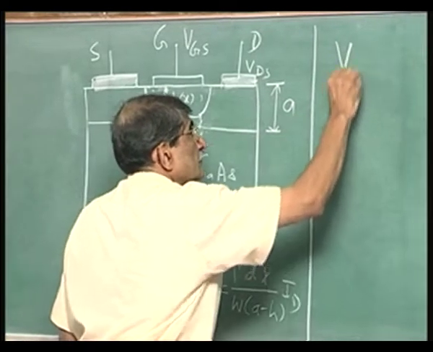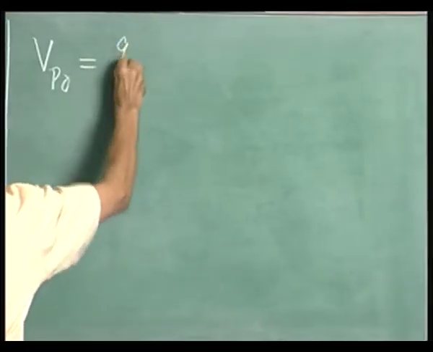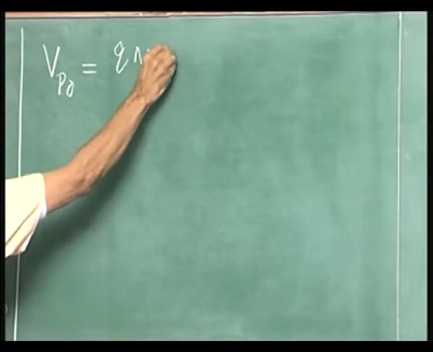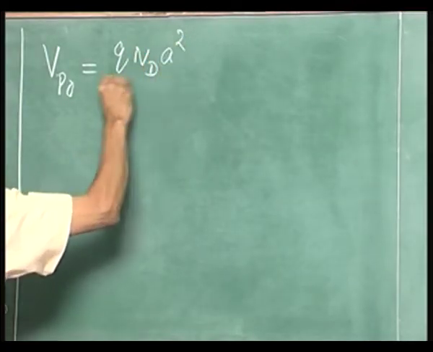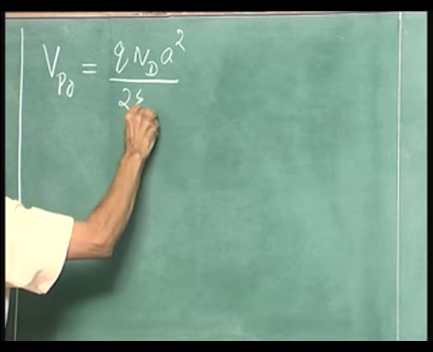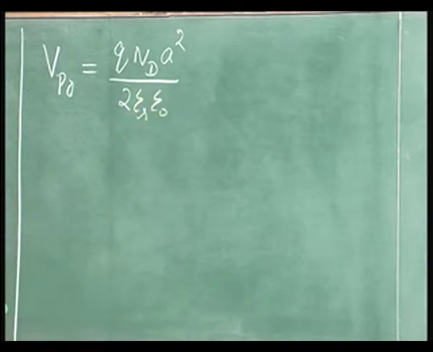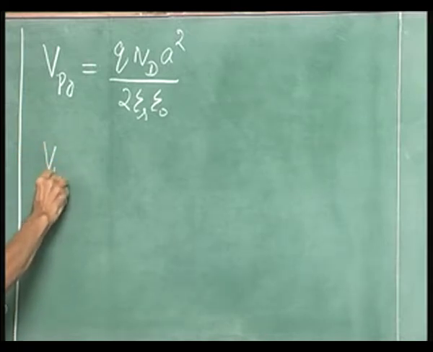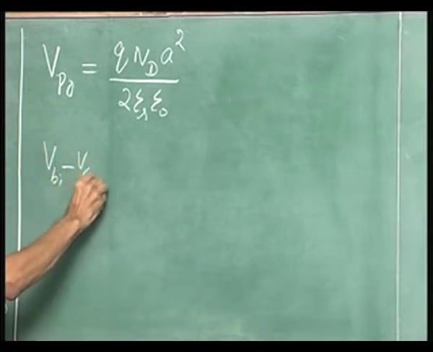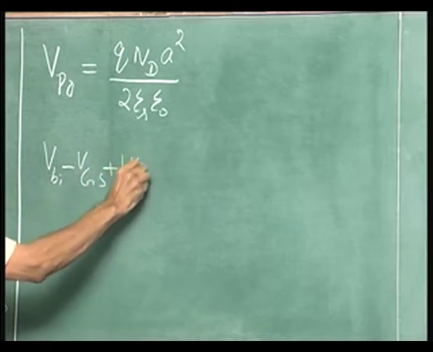V p 0 is q n d into A squared divided by twice epsilon r epsilon 0, and V b i minus V g s plus V of x.